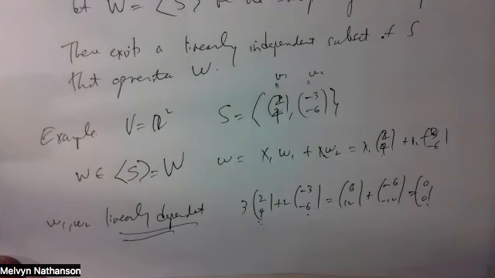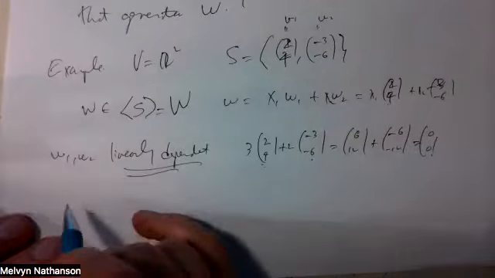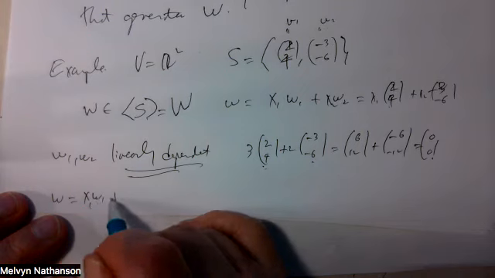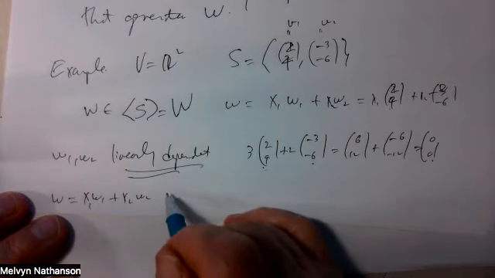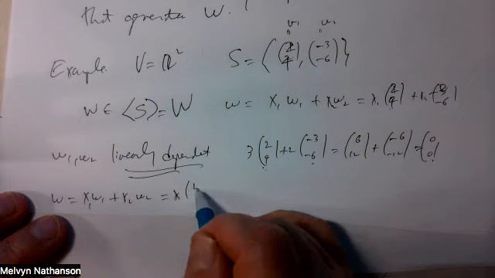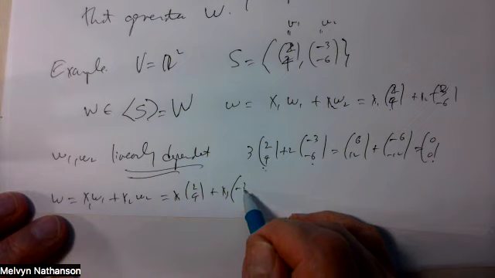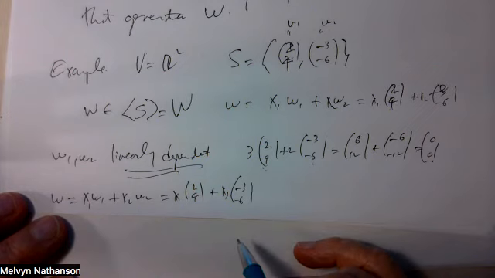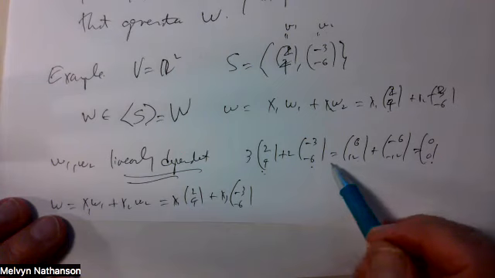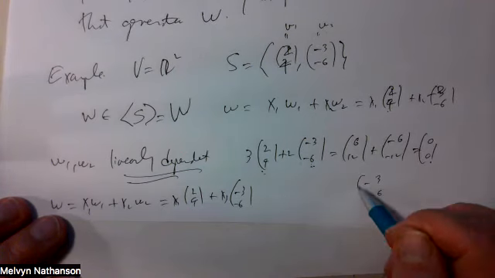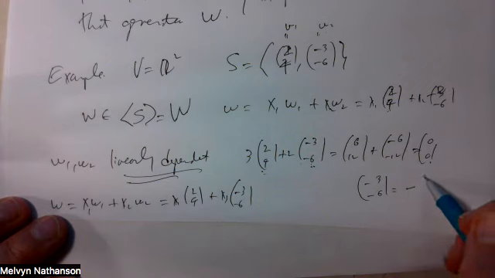And in fact, if I take any linear combination of these two vectors, let me write it here. If W is x1 W1 plus x2 W2, that's x1 times 2, 4 plus x2 times -3, -6. But actually, from this expression, I can see that -3, -6 is -3/2 times 2, 4.